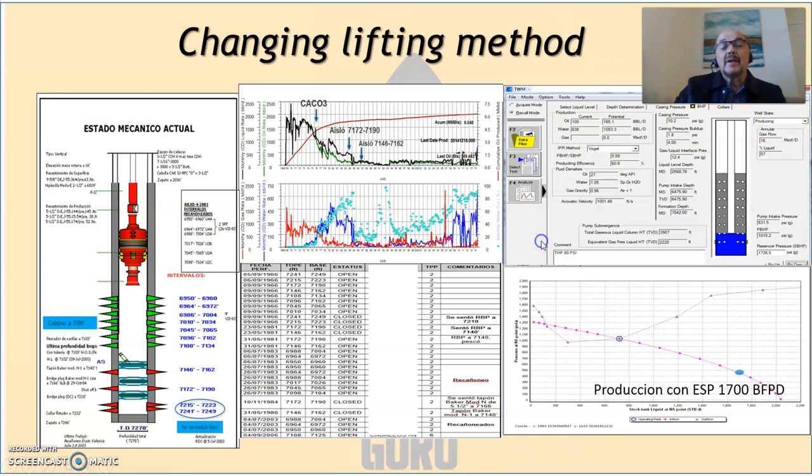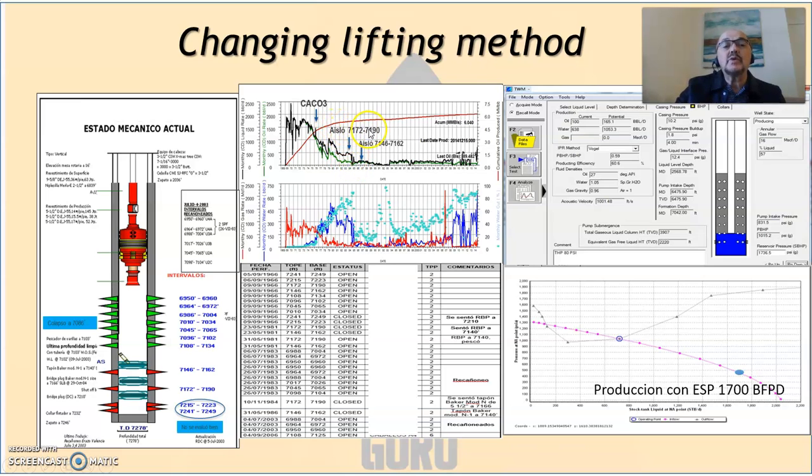And what do we see in those wells? We see a good production at the beginning, around 1,500 barrels, and when water starts getting into the reservoir, the water production increases very high, and the oil starts reducing.